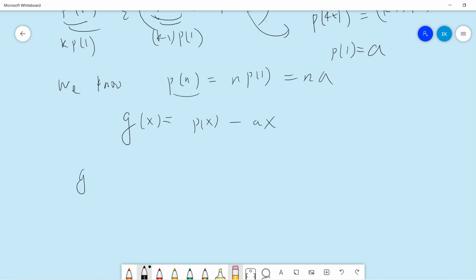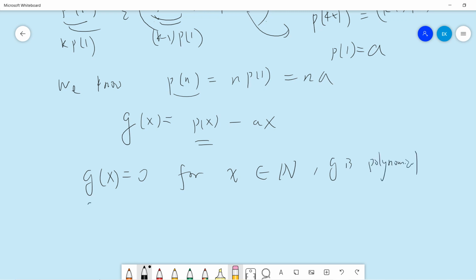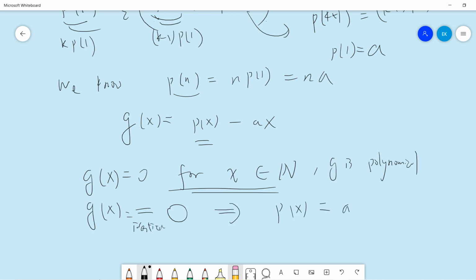And then we know that g of x is 0 for all x belonging to the integers, right? But P of x is defined to be a polynomial, so g is a polynomial, and g has more than n roots. Basically, g has infinite roots, so g is identically 0. Which tells you that P of x must be ax.